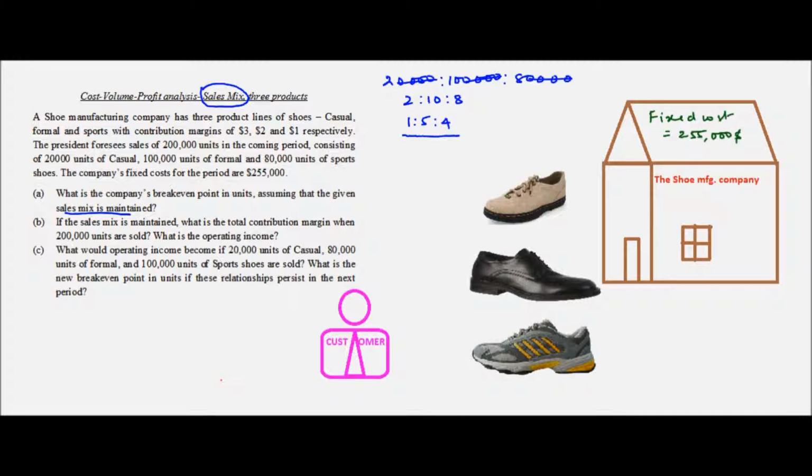The sales expected is 20,000 units of casual shoes, 100,000 units of formal shoes, and 80,000 units of sport shoes.